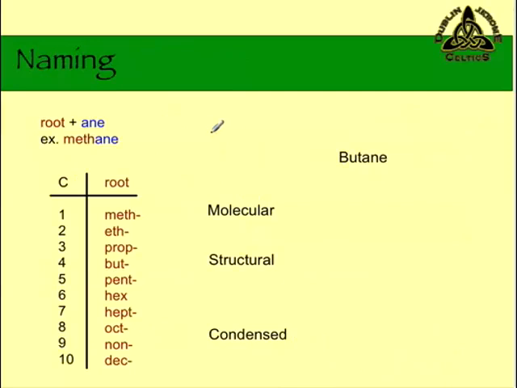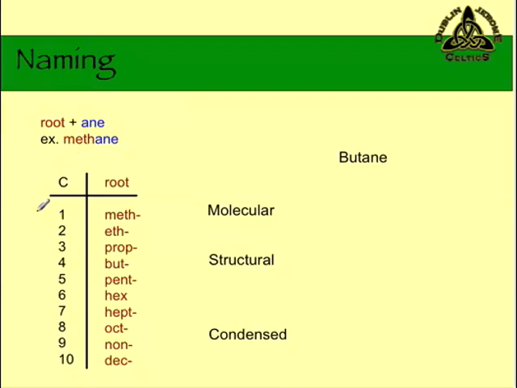So naming alkanes. The names for alkanes consist of a root name and the ending ane, like alkane. So an example is methane. So the root is meth. The ending is ane. So here you have a table showing you the root names for the number of carbons.